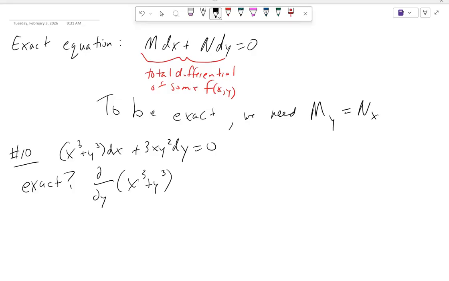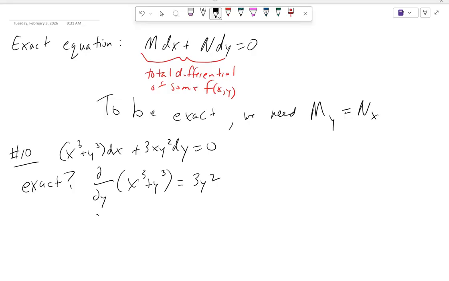When we take the derivative with respect to y, what do we get? 0 plus 3y squared. This is the 3y squared, right? Because the x cubed is a constant. Derivative of a constant is just 0.